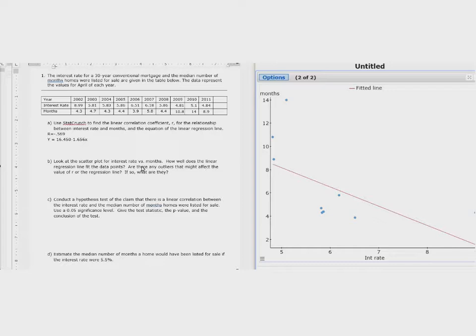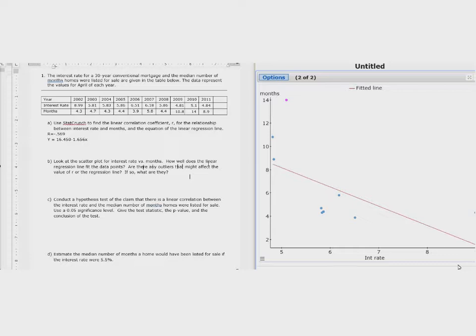But here where it's asking how well the linear regression line fits the data points, not especially well. There are a couple that are way off the line, like this one. That one we could probably consider an outlier. But this is a way to get the scatter plot, if that's what you're looking for.